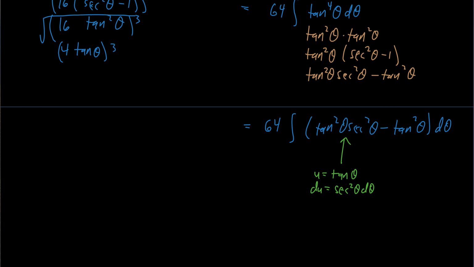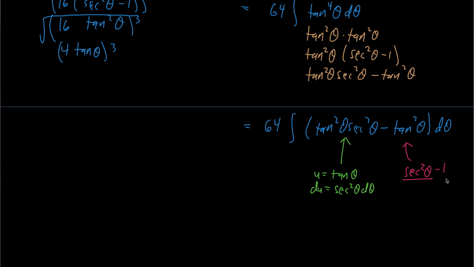However, the other portion, what do we need to do here? Again, I don't know how to integrate tangent squared, but if I split this up using our identity, secant squared minus 1, I can integrate secant squared, since the derivative of tangent is secant squared.